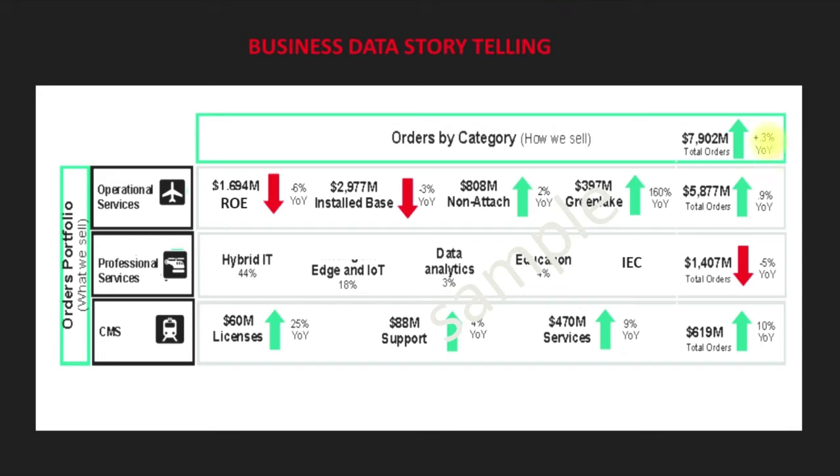Whereas if you look at the individual portfolio of services, this product and the installed base product have declined minus 0.6% year on year and minus 0.3% year on year, and that's why they are shown as red arrows, which means they have not grown year on year, and hence need scale up in that product itself. So this is another way of representing your business performance dashboard.